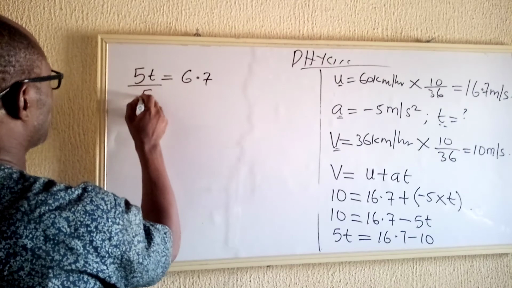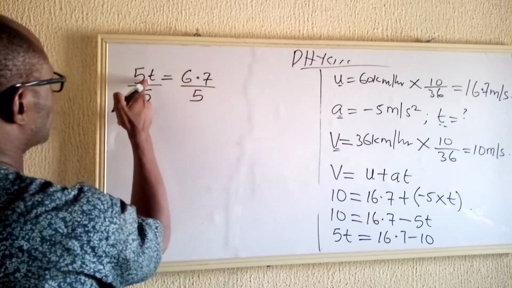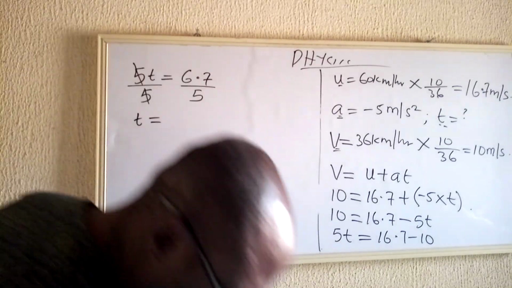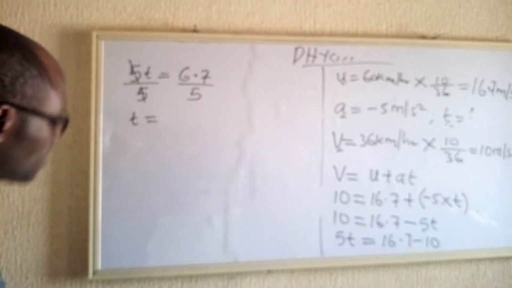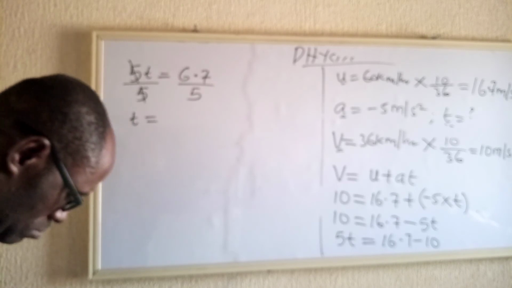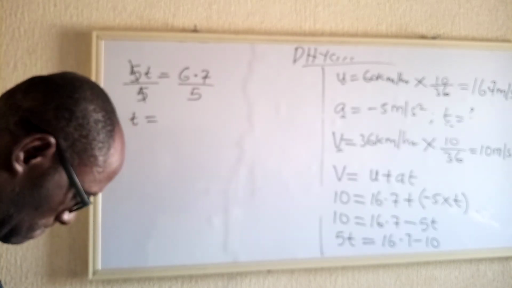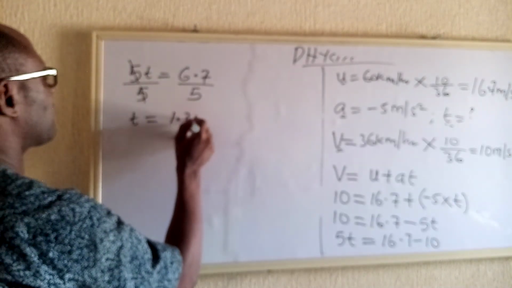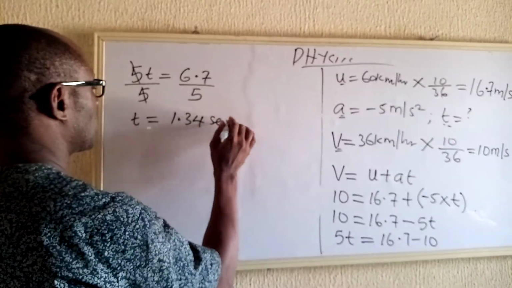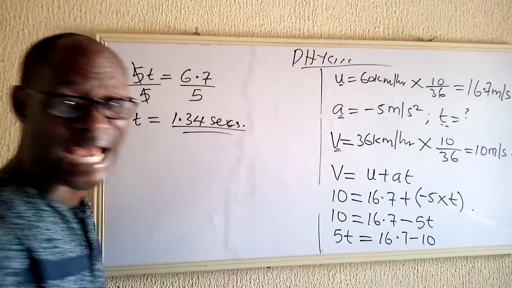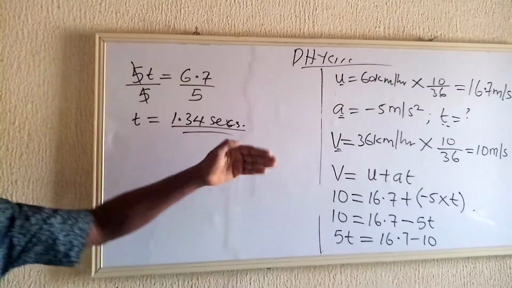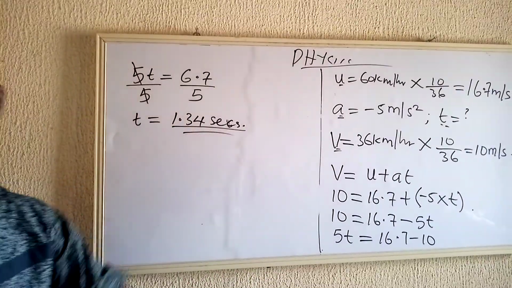You divide both sides by 5, being the coefficient of the time we are looking for. So what does that give us? Let's check it out. That's 1.34, 1.34 seconds. So that is the time it will take for the velocity to drop from 60 km per hour to 36 km per hour.